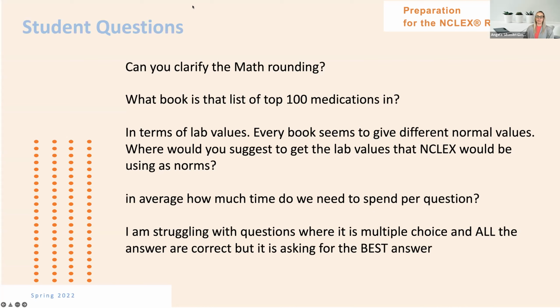In terms of lab values, every book seems to give different normal values. Where would you suggest to get the lab values that NCLEX would be using as norms? As we saw on the test plan on day 1, the NCSBN does not specify the reference ranges as of yet. We are anxiously awaiting that information. They only say which lab tests might come up. So we would suggest using that lab document that we showed you and study those normal reference ranges.